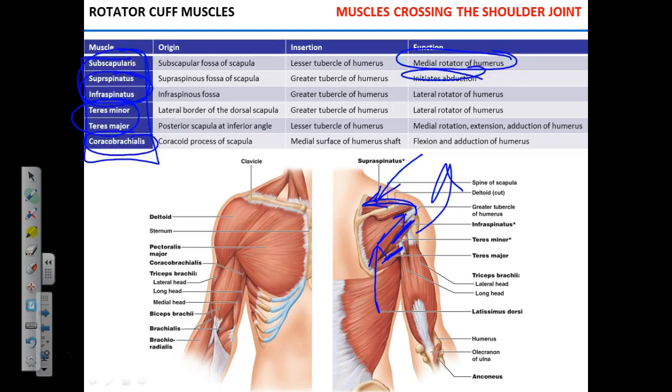Actually, from the standpoint of day-to-day life, you don't rotate the humerus every second of your life. The main function of these 7 muscles is to stabilize the shoulder joint. Okay? That makes sense?